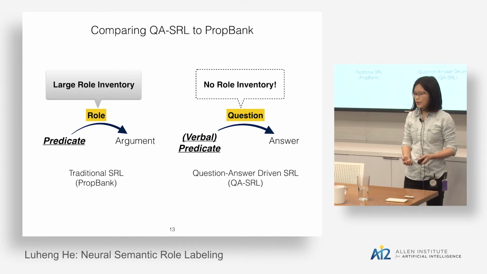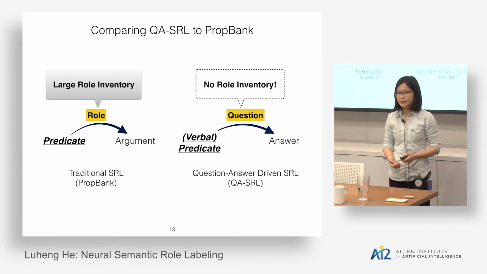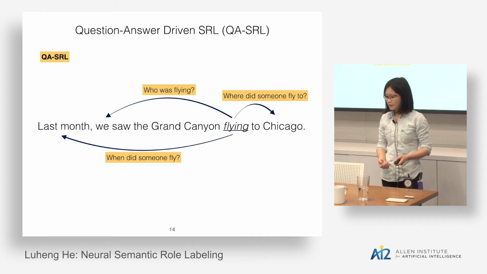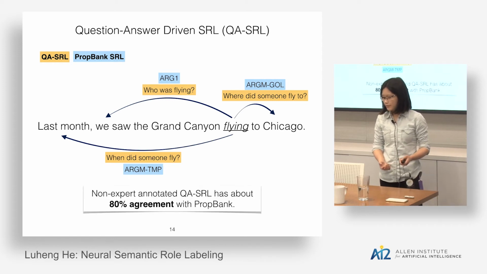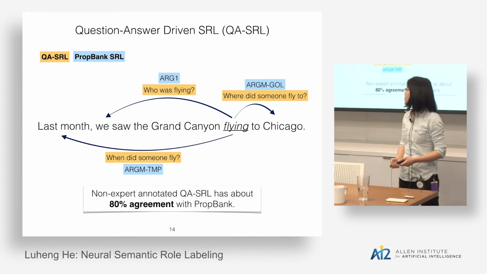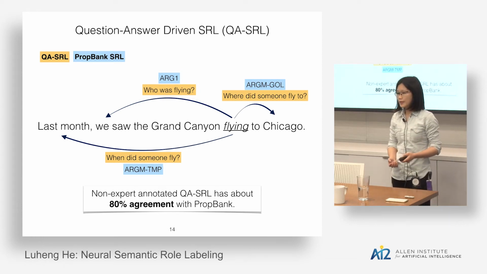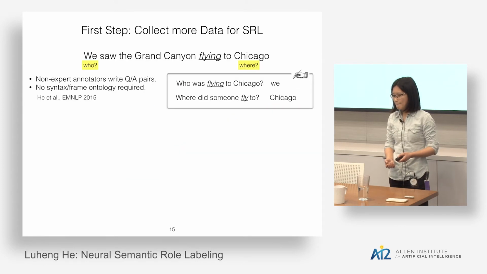This also greatly simplifies the annotation process. So if we show the QA-SRL structure with the PropBank SRL side by side, you can see the questions correspond nicely to different semantic roles. And in fact, our non-expert annotated QA-SRL has about 80% agreement with the PropBank. So we are pretty happy with this agreement.